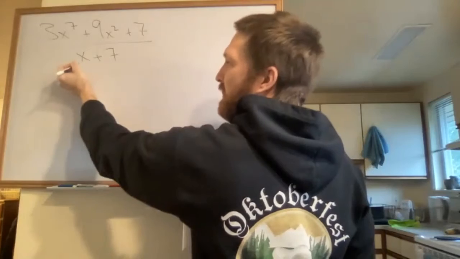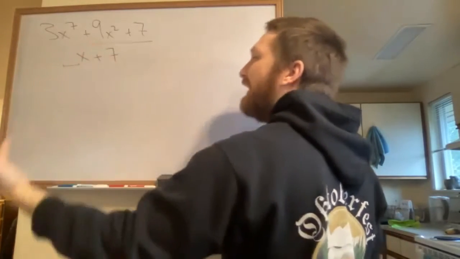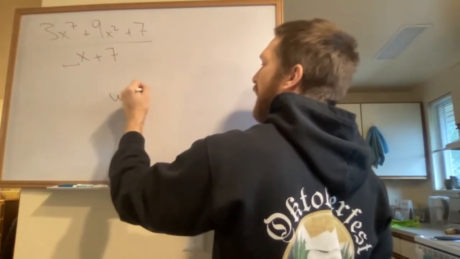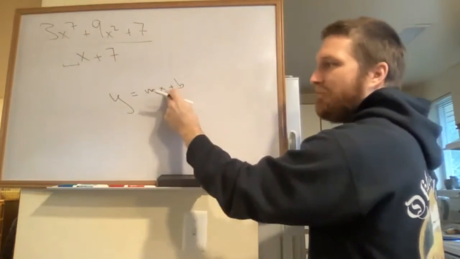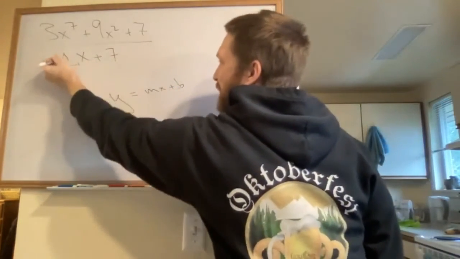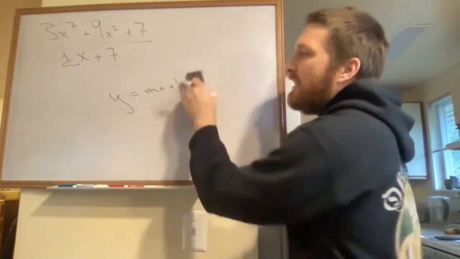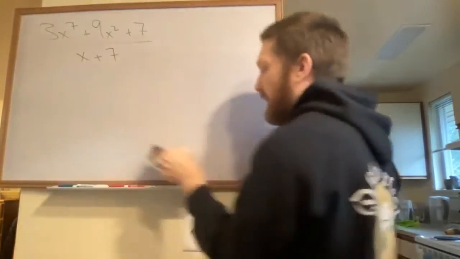It has to have nothing in front of the x, and it's called a linear term. And why is it a linear term? Well, because y equals mx plus b, right? It just has some constant in front of the x. That constant has to be a 1, and then it's plus some constant value. And synthetic division only works in this case.